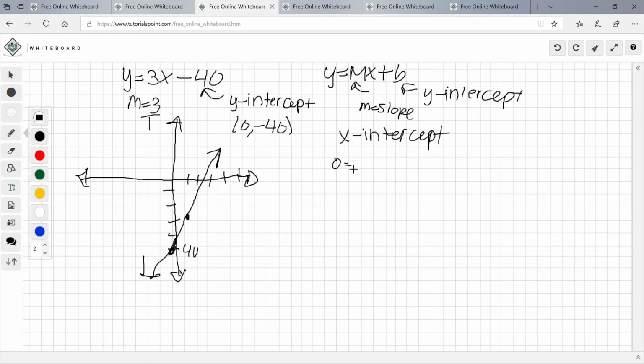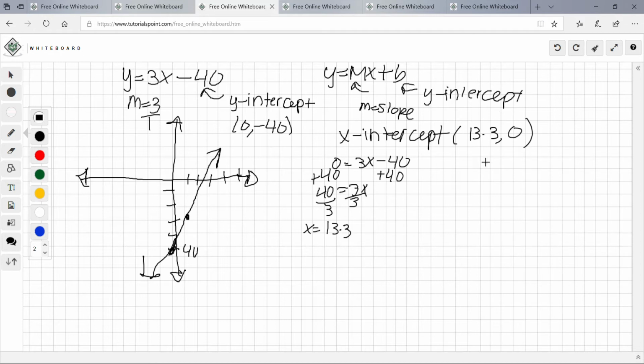So it would be 0 equals 3x minus 4. Add 4 to both sides, so you get 3x equals 4. Then you divide by 3, and you should get x equals 1.3. So our x-intercept is 1.3, 0. And that's all you need to know. You just plot those 2 points and connect the dots.